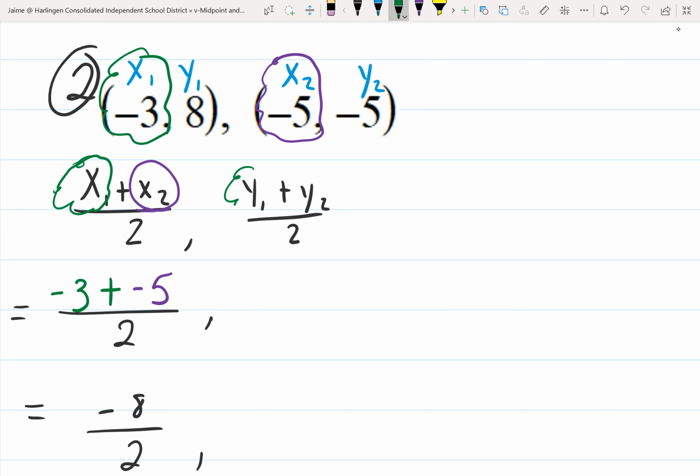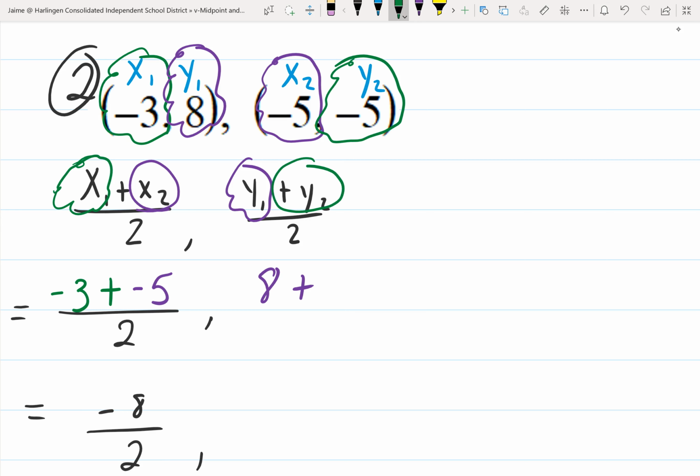Now y1, here's my y1. y1 is 8. Plus sign, that's plus. And then y2. Here's my y2. So my y2 is negative 5.